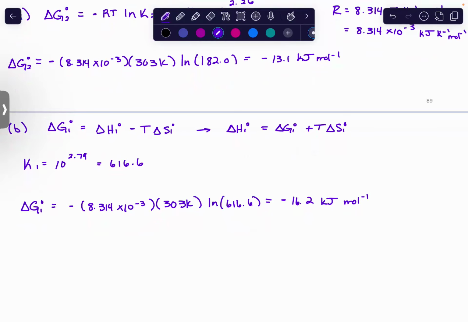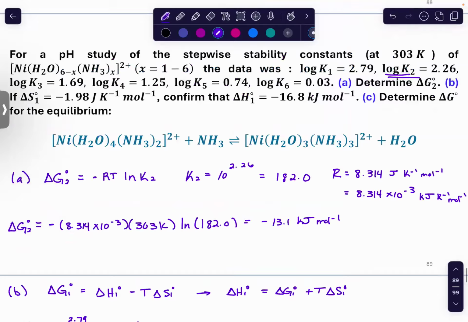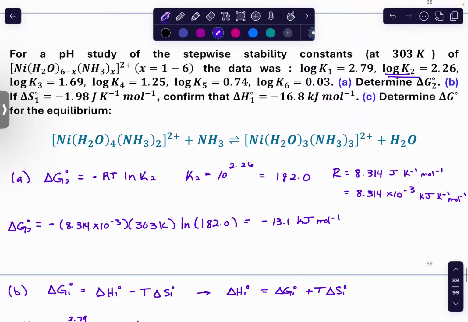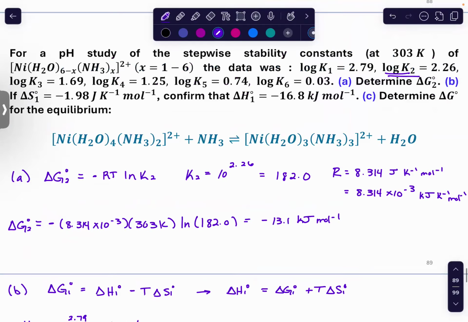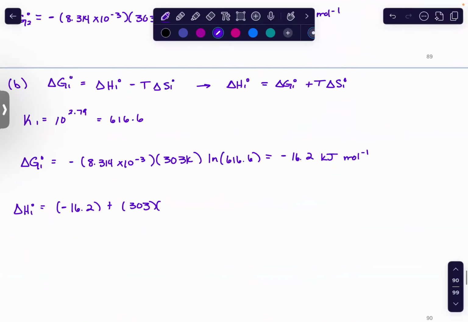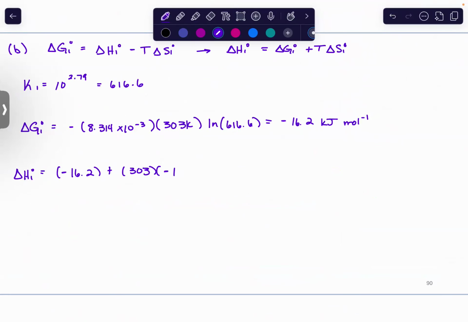Okay, so then our delta H is going to be negative 16.2 plus 303 times the negative 1.98 joules per Kelvin per mole, which is negative 1.98 times 10 to the negative third kilojoules.